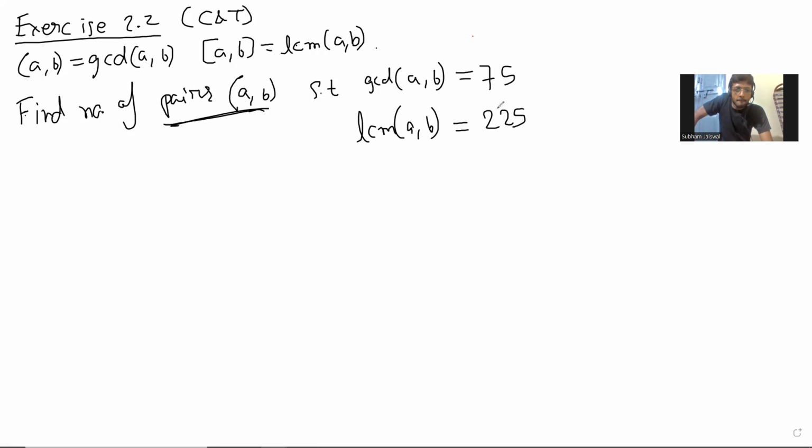So I think A and B will be 9 and 25. Is that the only one? No, no, no. How is the GCD 75? Yeah, the LCM will be, whatever.